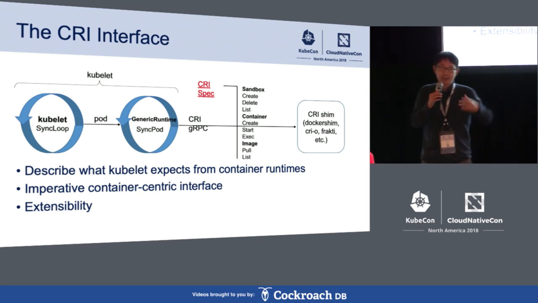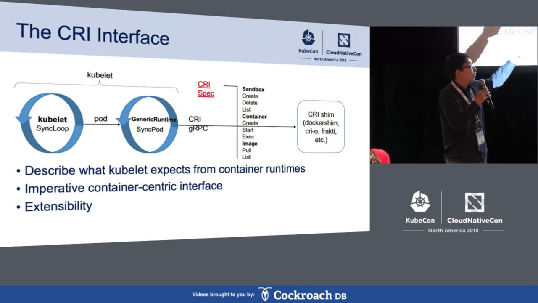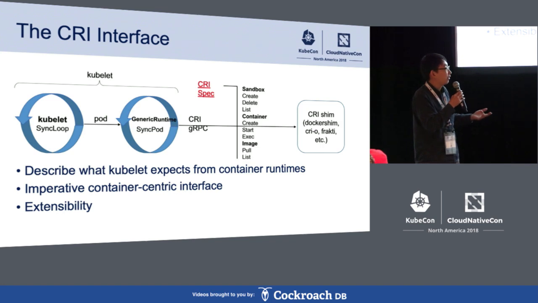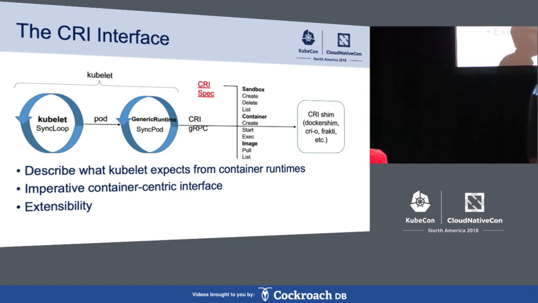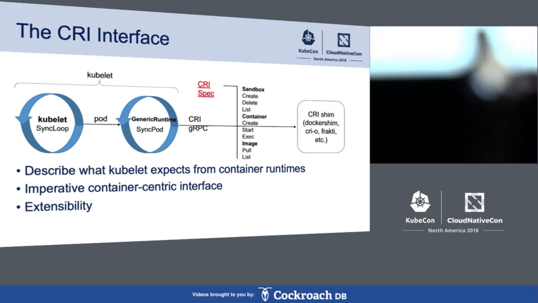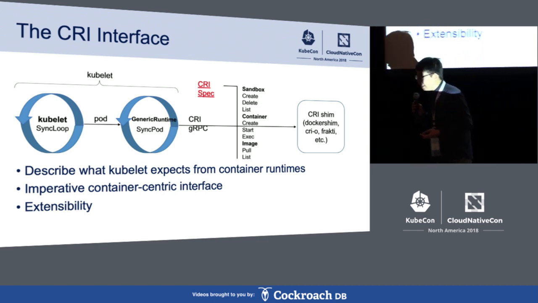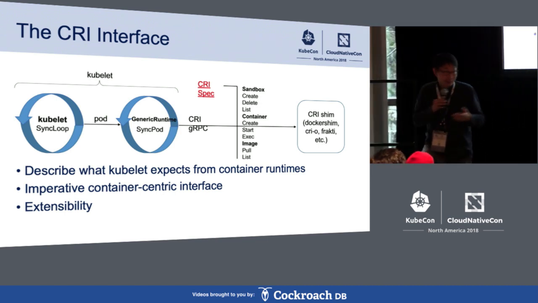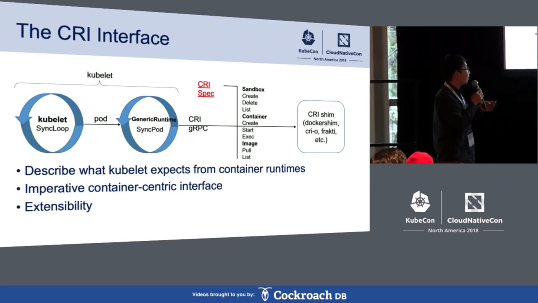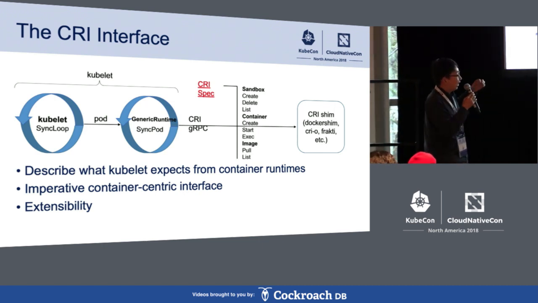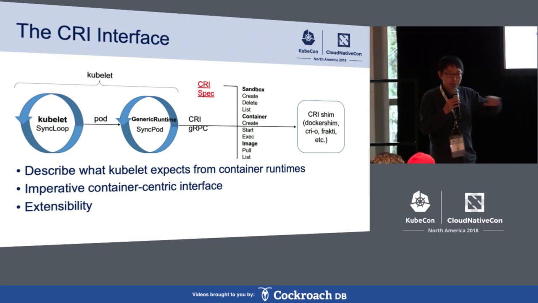So when you have an interface like this, it is totally your business to decide how to implement every gRPC call here. That's why we have so many CRI shims right now, like dockershim, like CRI-O by Red Hat, like Frakti, like CRI-containerd, and everything here is actually a CRI shim. From this example, you can see what CRI is. CRI is an interface that describes what Kubernetes expects from container runtimes.